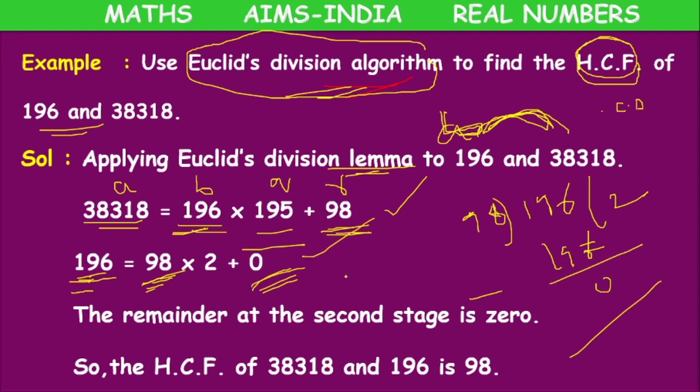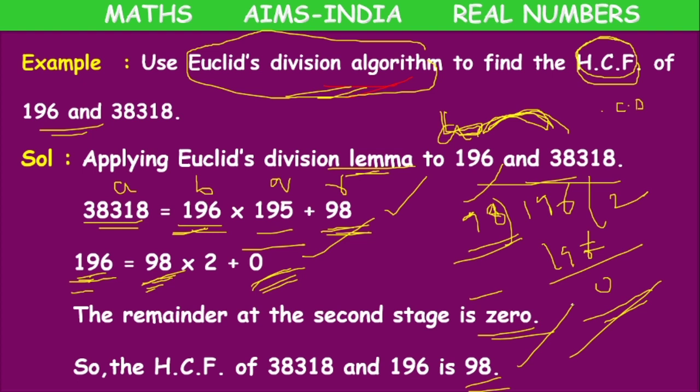After doing Euclid division lemma for 2 steps, we have got the remainder 0. When the divisor is 98, at that time we got the remainder 0. So the HCF of the given numbers is 98.